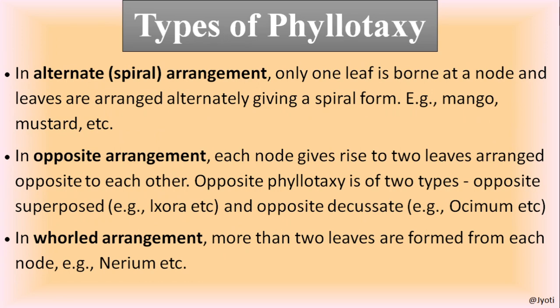So what is alternate phyllotaxy? It is also called spiral. That means, remember, very important to understand this one. From each node, one leaf arises and they are arranged alternately in the form of a spiral. Okay.